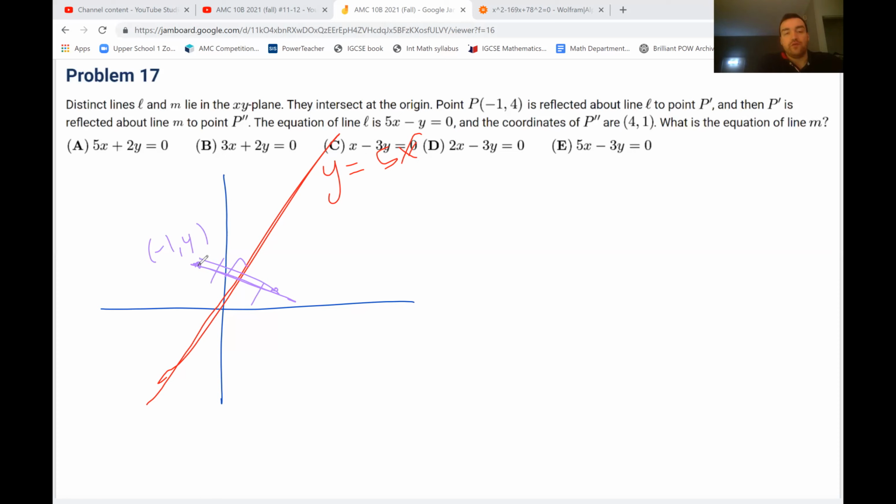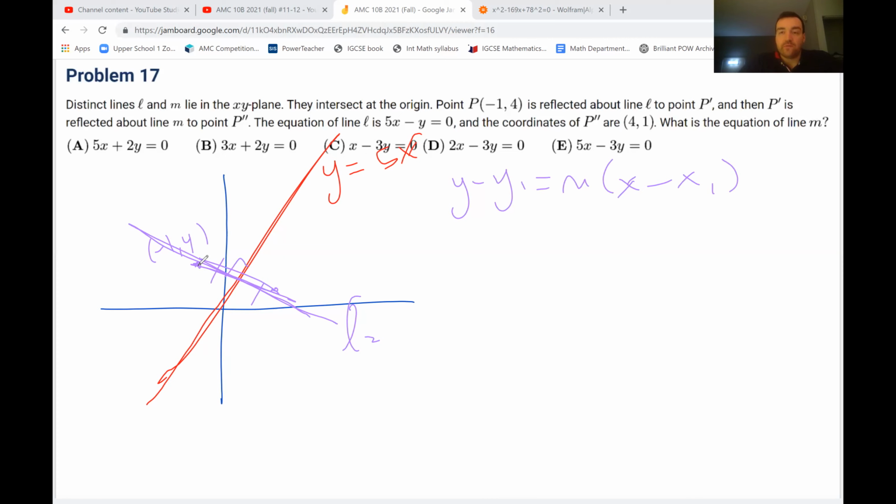So we can try to find the equation of this line, call it L2 or L prime. I'm going to use the point slope formula, which is y minus y1 equals m times (x minus x1). A lot of these things you should learn in algebra 2 or pre-calculus. If you need to brush up on them, I'm sure there are tons of videos about the point slope formula.